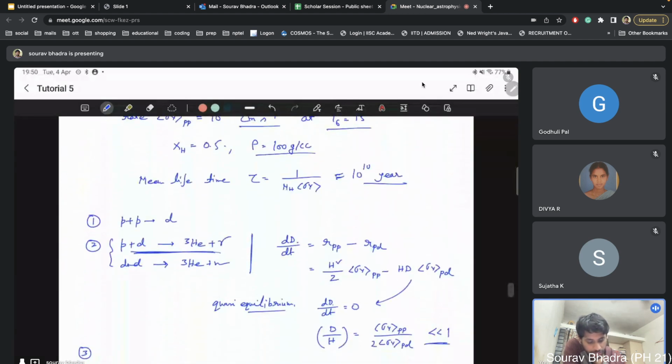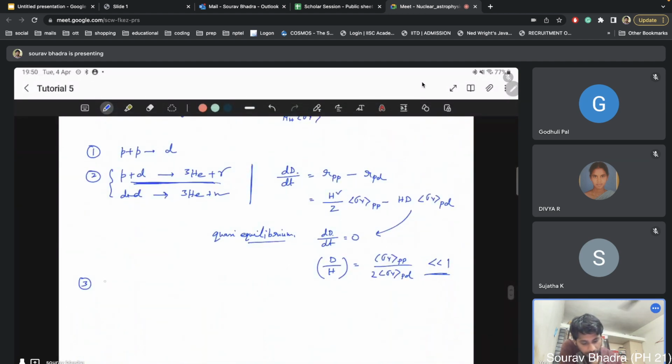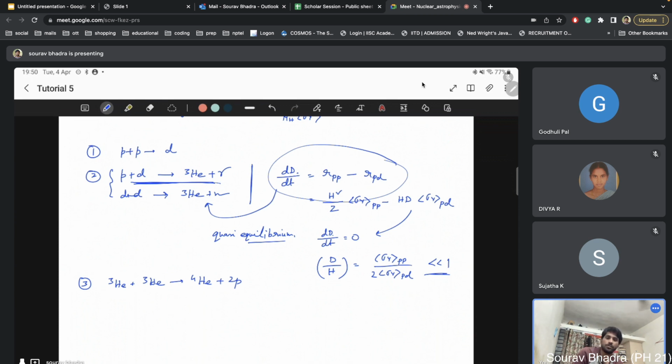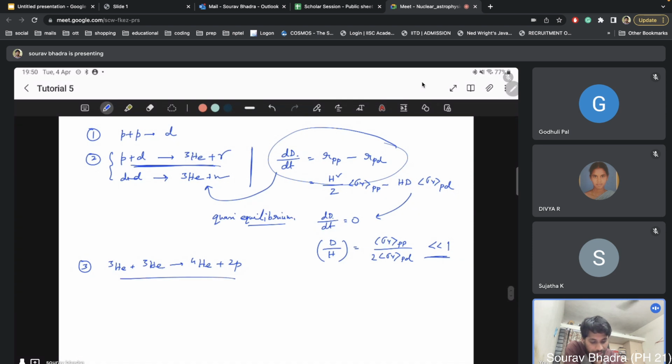The reaction was 3He plus 3He gives 4He plus 2P. What I have done here, you can do also for this reaction, no problem in that. I have just focused on a particular reaction to give you the idea, and in the third step it is the main dominating 86%, that is why we are not considering the other reactions.